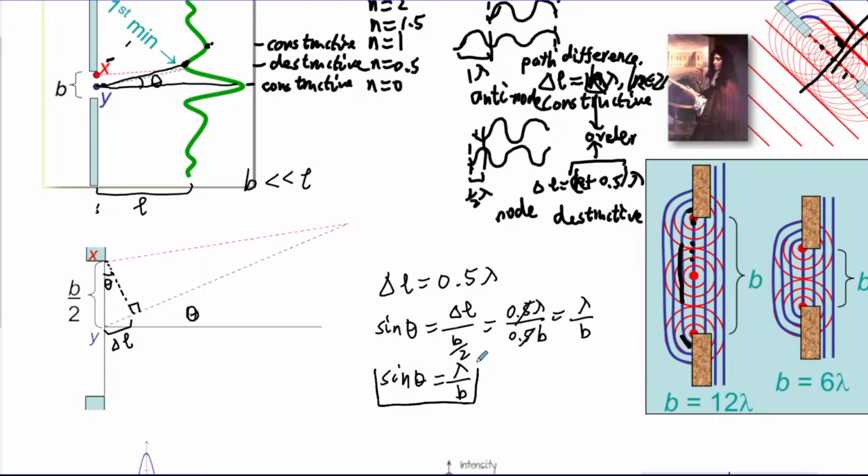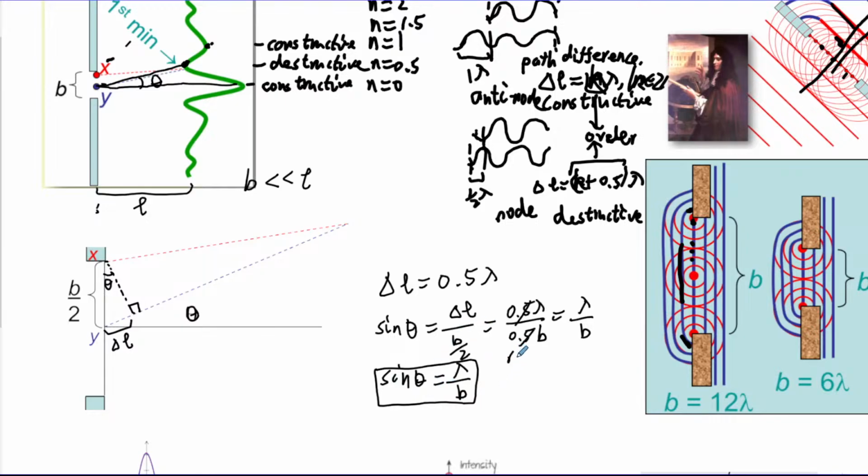Using the Huygens relationship, we can say that the sine of the angle of diffraction to the first minimum is going to equal lambda over b.